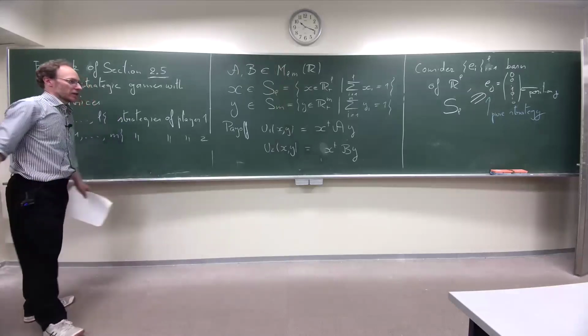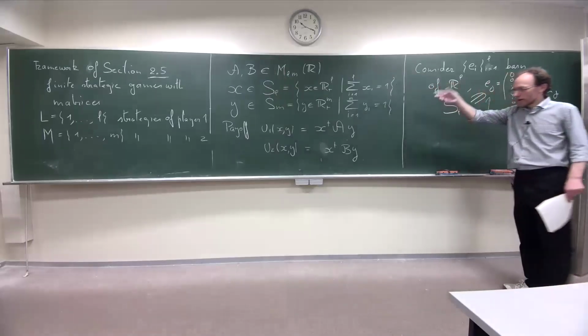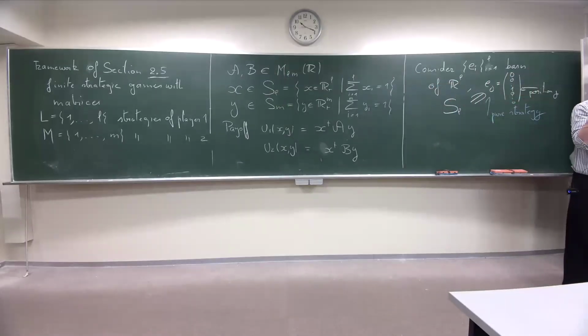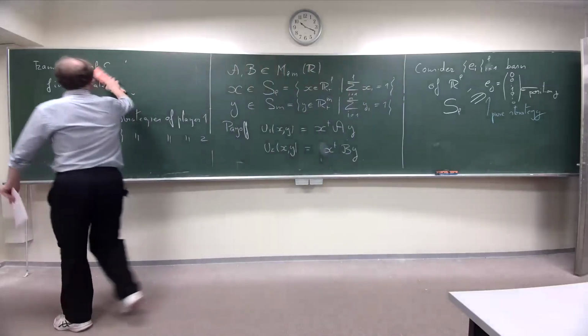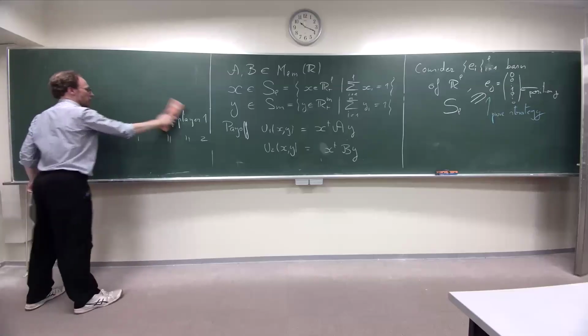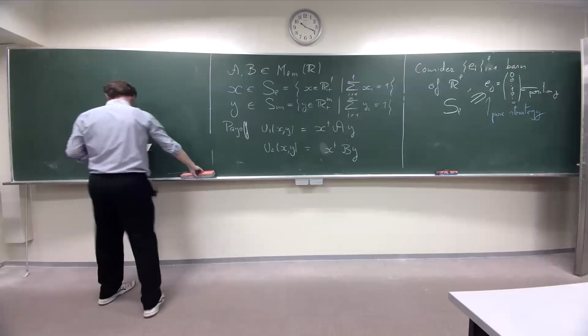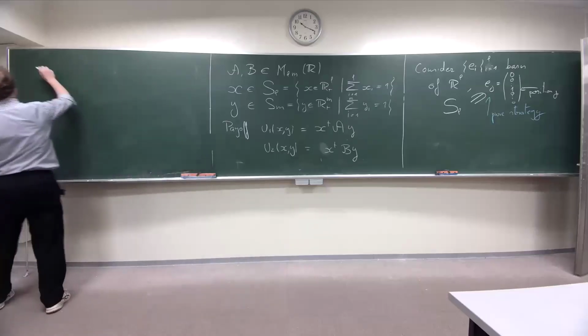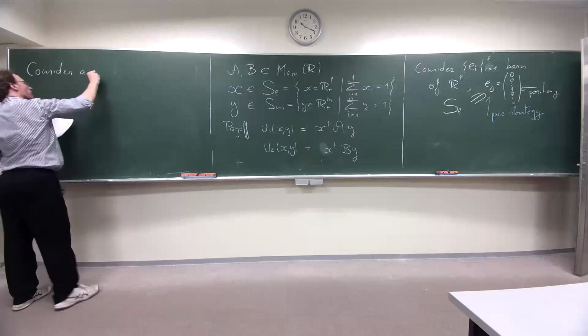Now, what do we want to do? Up to here we had 2 players. Now I want to have a large number of players, and I will assume 2 things among these players. In fact, I have an infinite number of players for this presentation. So we consider a population.